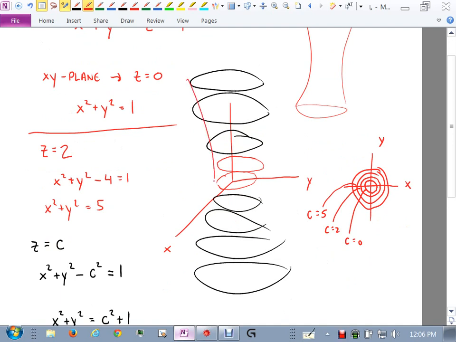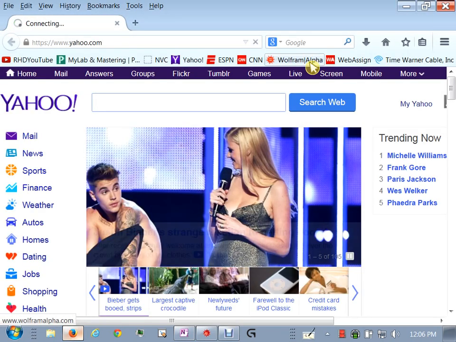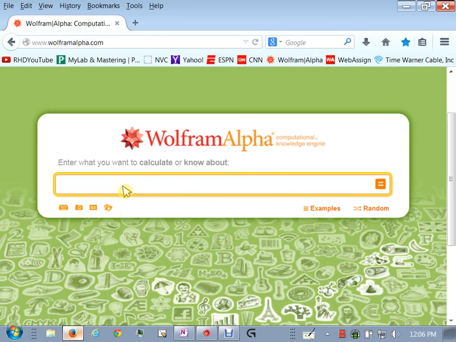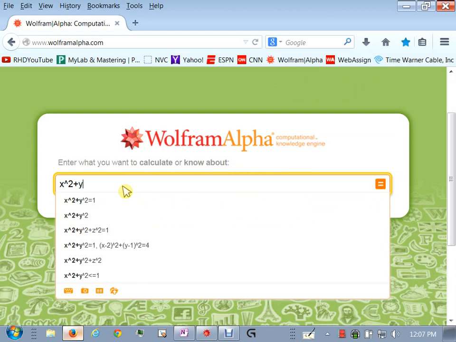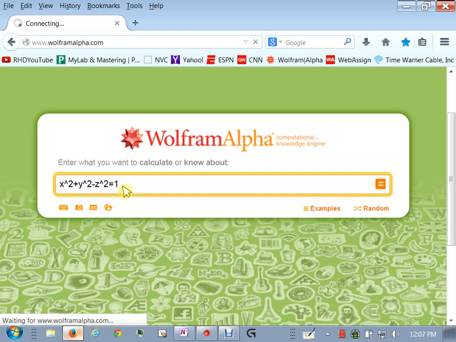So here's my cooling tower, right? I'm not going to ask you to graph things with traces, because you could always go to Wolfram Alpha. Although Wolfram Alpha has had some limitations, if I do x squared plus y squared minus z squared equals 1, let's see what it does.